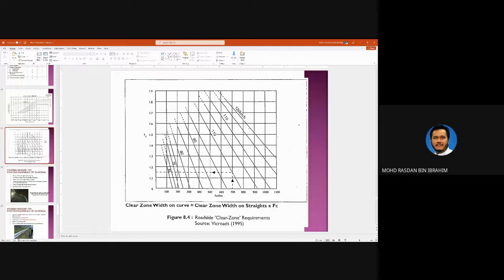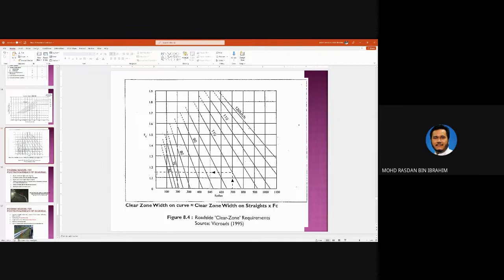And then here you have a clear zone on a radius. The formula here: the clear zone width on the curve is the clear zone width on the straight multiplied by a factor. This is the factor. So if your radius, let's say, is 700, and this is the design speed of the curve, the factor here is 1.15.